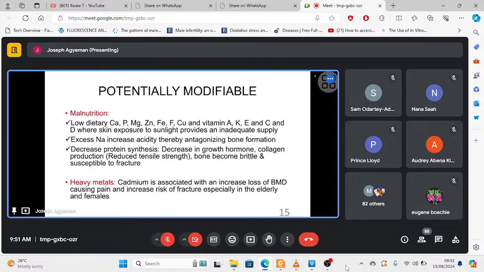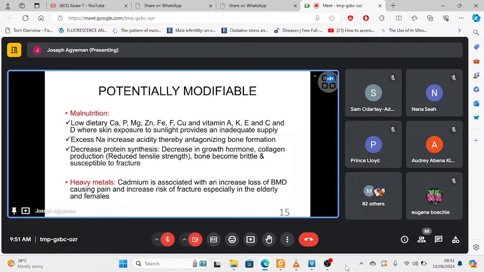How you eat, your diet: you have to take a proper diet which will contain the recommended amount of all the nutrients that we always talk about, from amino acids to electrolytes in particular. So if your diet contains a low amount of calcium and phosphorus in particular, you could be in trouble.